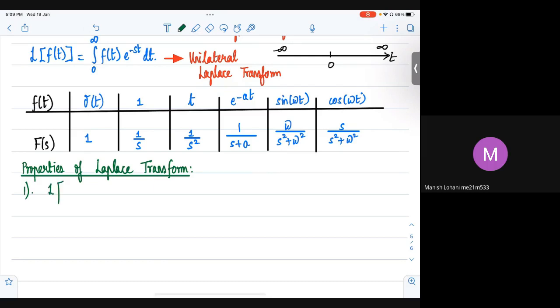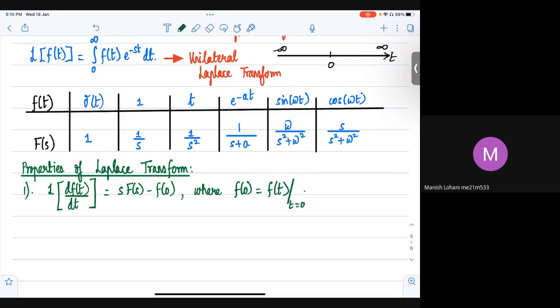If the Laplace transform of f of t is capital F of s, and we consider df dt, the Laplace transform is going to be equal to s times capital F of s minus small f of 0, where f of 0 is nothing but f of t evaluated at time t equals 0.